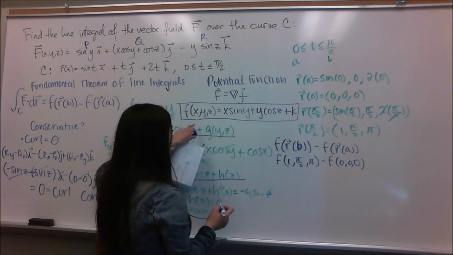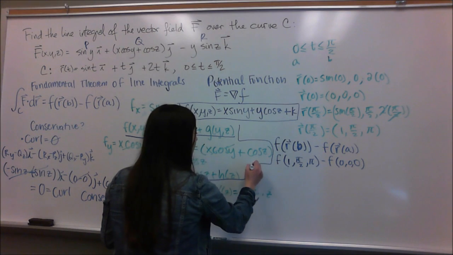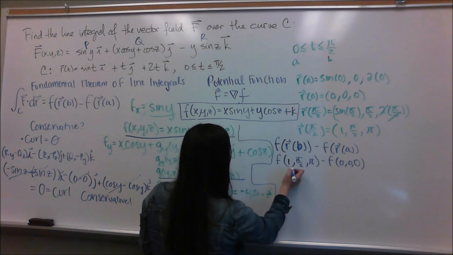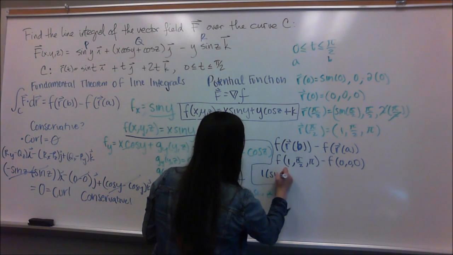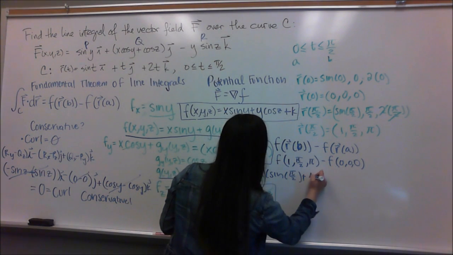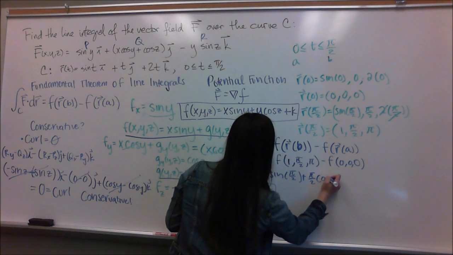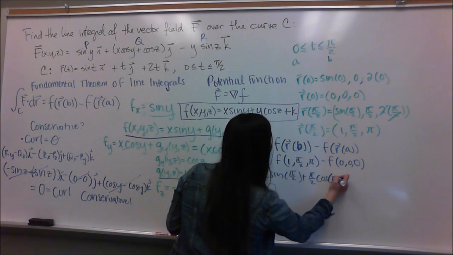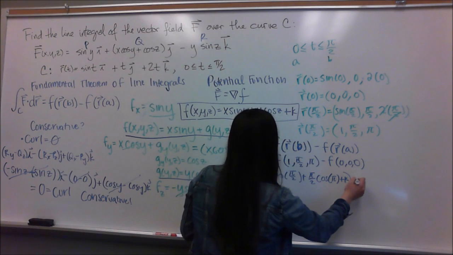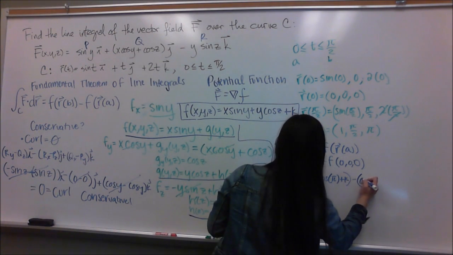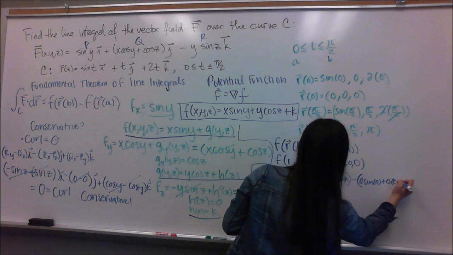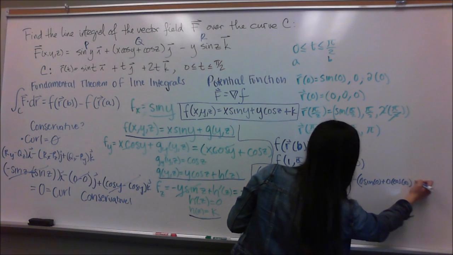So we'll plug that into our function right here. Do a little, so we don't get these mixed up. And that's just going to be 1 times sine of pi over 2 plus pi over 2 times cosine of pi plus k, minus 0 times sine of 0 plus 0 times cosine of 0 plus k.